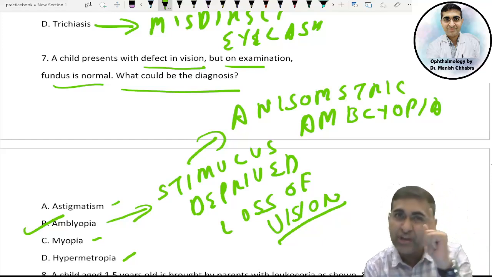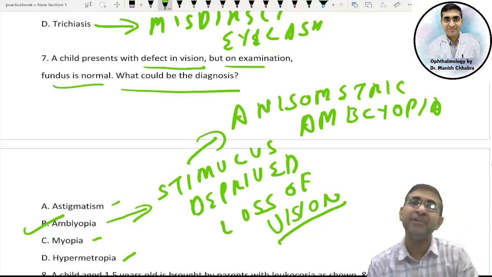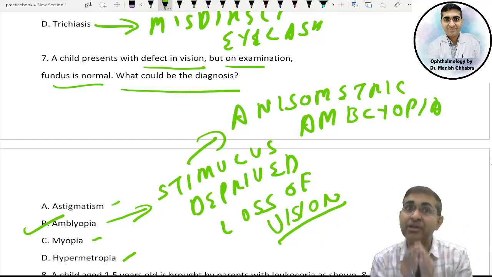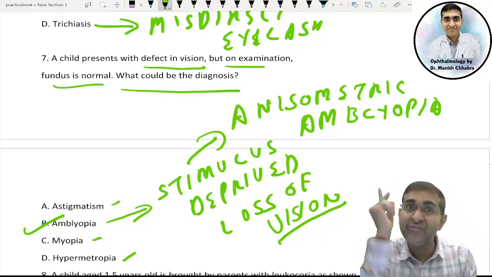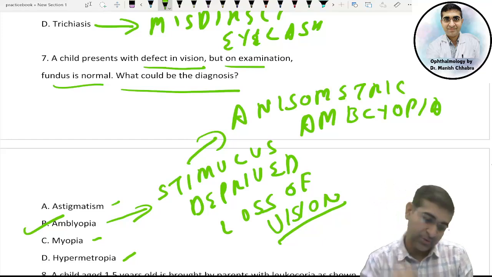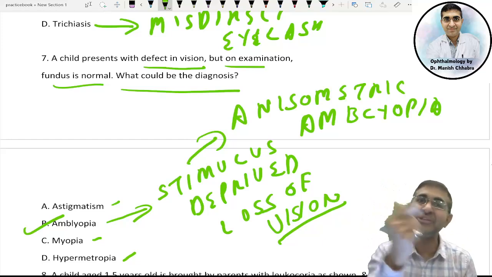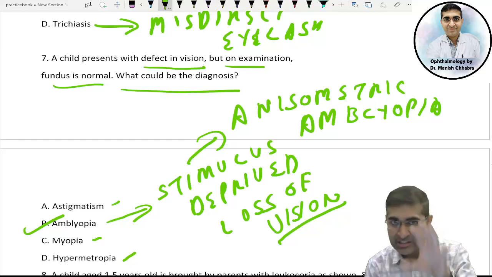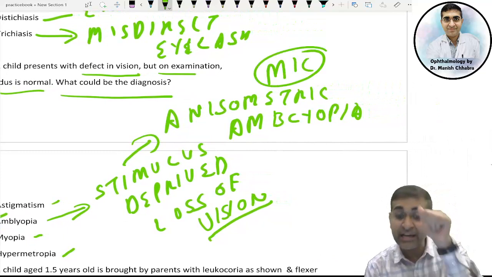But since they have typically told defect in vision with normal fundus, if the examiner were thinking of refractive error, the examiner would have pointed out improvement on placement of the pinhole, and would not have given all three types of refractive error in one question. Either it would have been only myopia, only hypermetropia, or only astigmatism. So the best answer here is amblyopia, and the most common cause of amblyopia is anisometropic amblyopia.